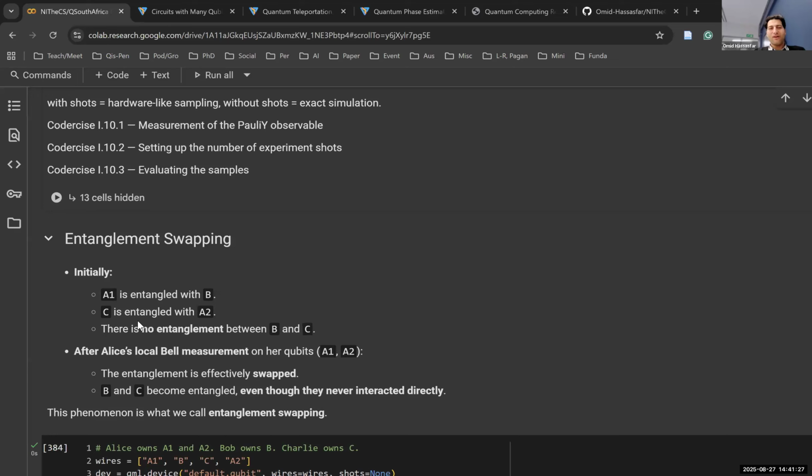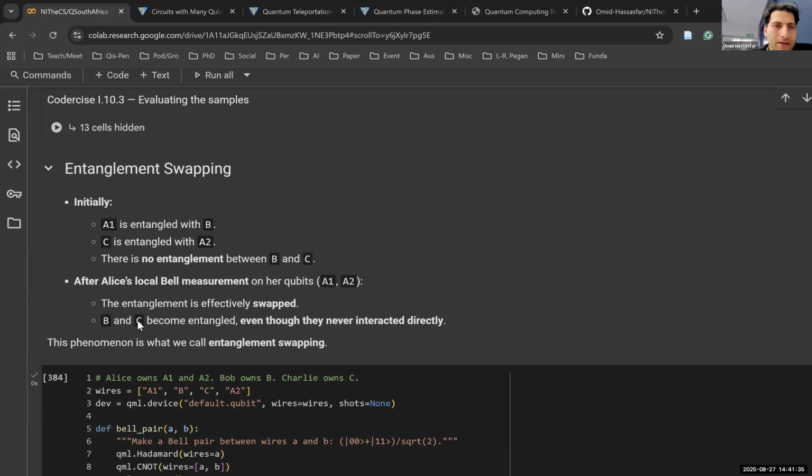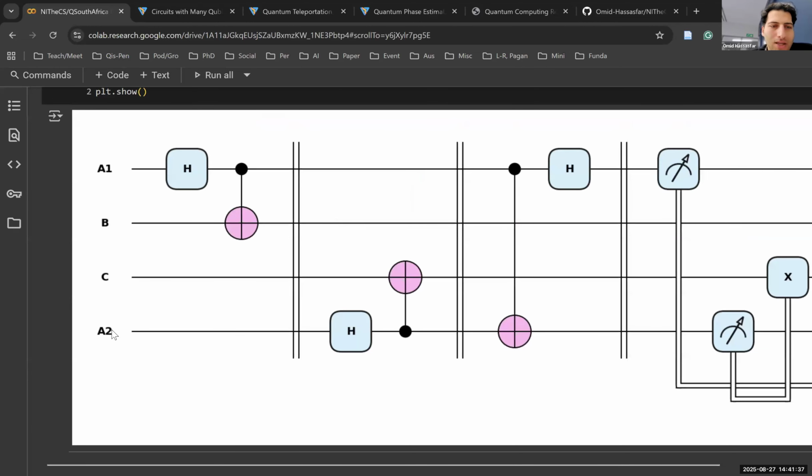We have 3 people here: Alice, Bob, and Charlie. Alice has 2 qubits, A1 and A2. This is Bob and this is Charlie.